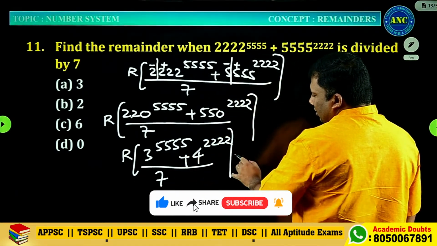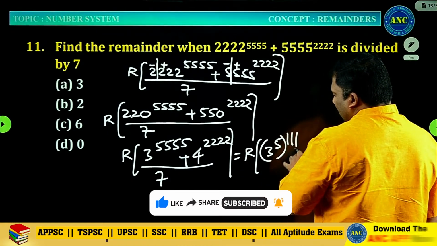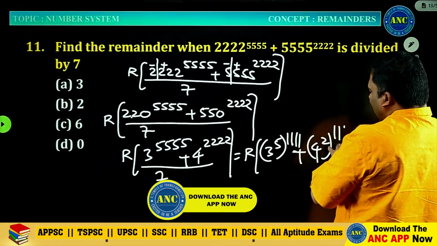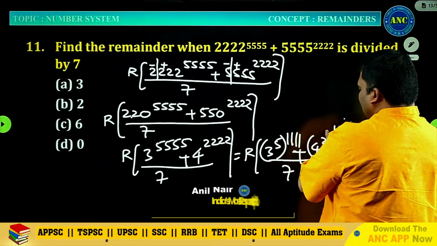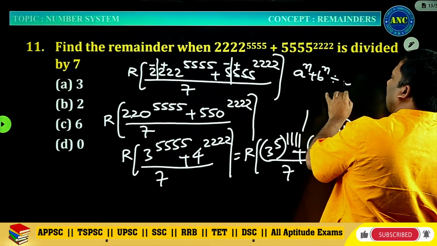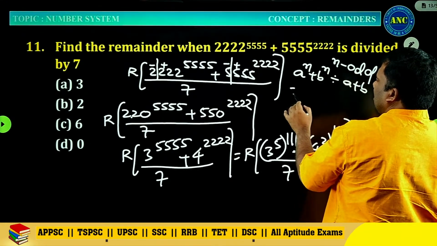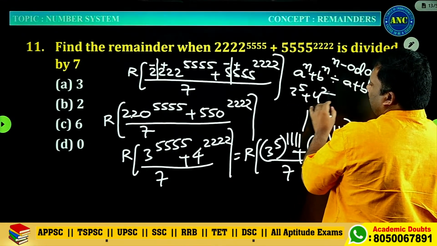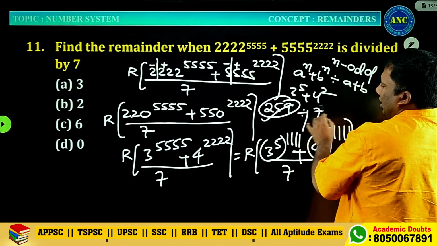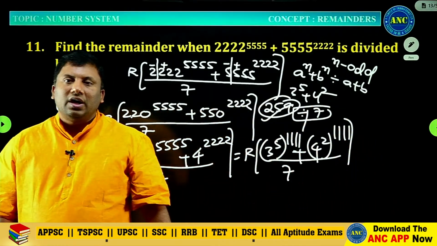This can be written as 3 power 5, power 11111, plus 4 square, power 11111, divided by 7. a power n plus b power n is always divisible by a plus b if n is odd. So it is divisible by 3 power 5 plus 4 square. 243 plus 16 is 259. It is divisible by 7. The answer is 0.